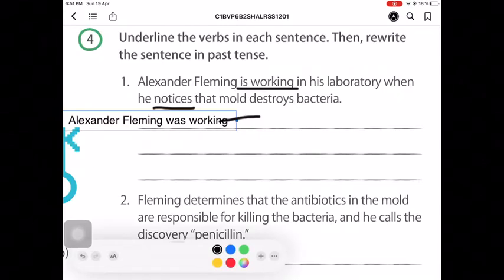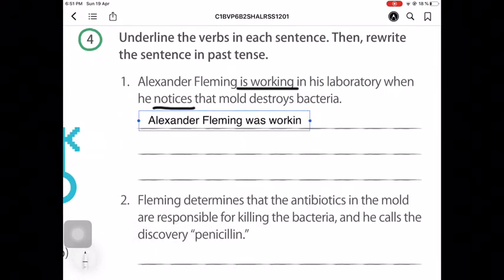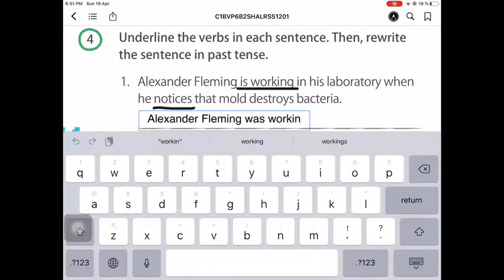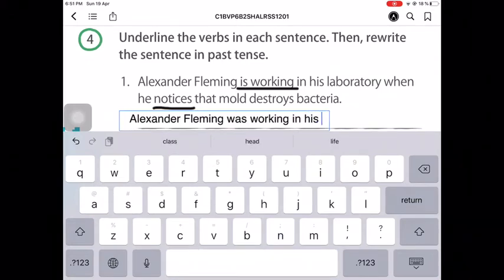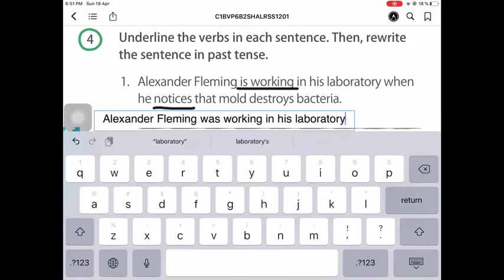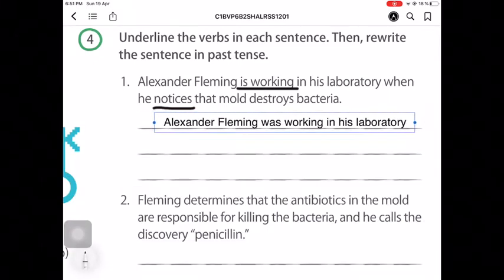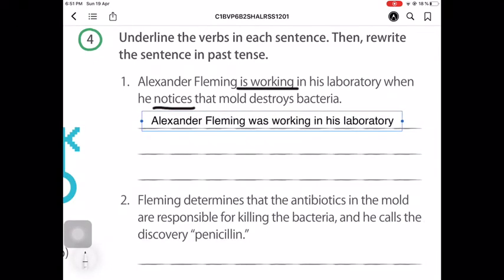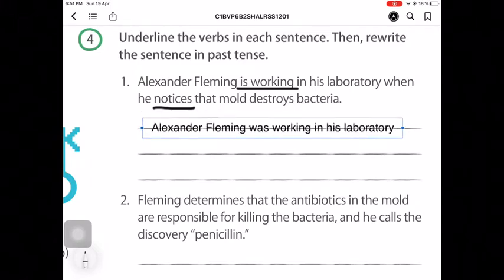Okay, Alexander Fleming was working in his laboratory. Okay, and then I continue.